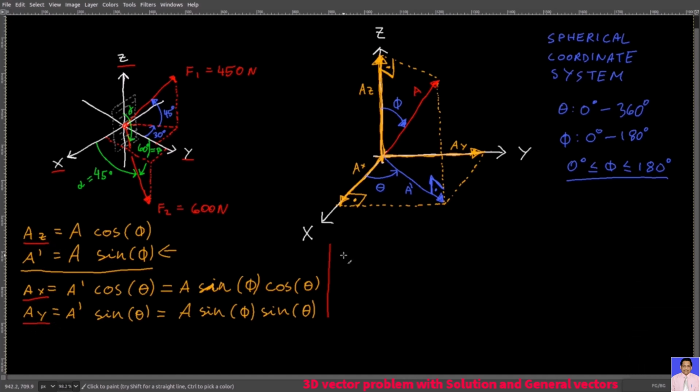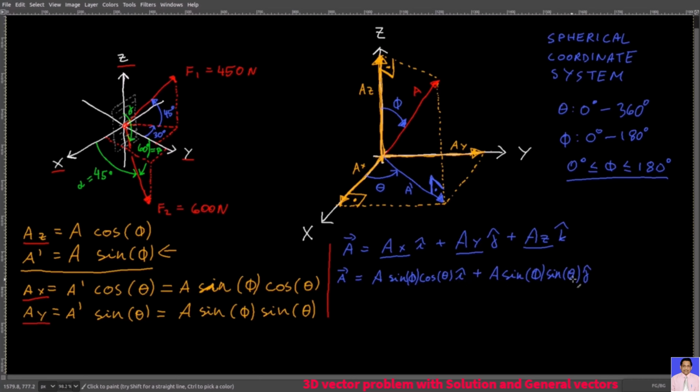And now you already know that A vector equals AX times I plus AY times J plus AZ times K. And now we will replace AX, AY, and AZ with these expressions. So A vector equals, that's my AX times I, that's my AY times J, and that's my AZ times K.